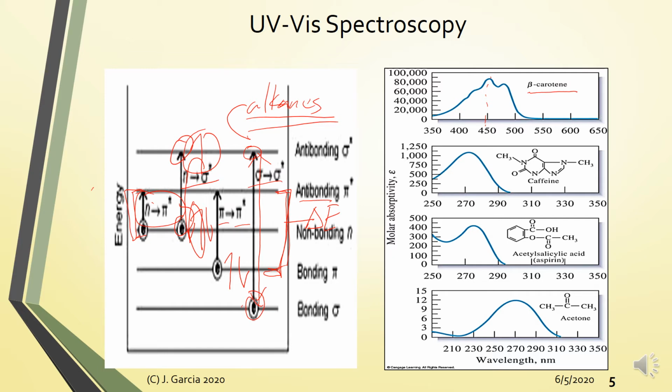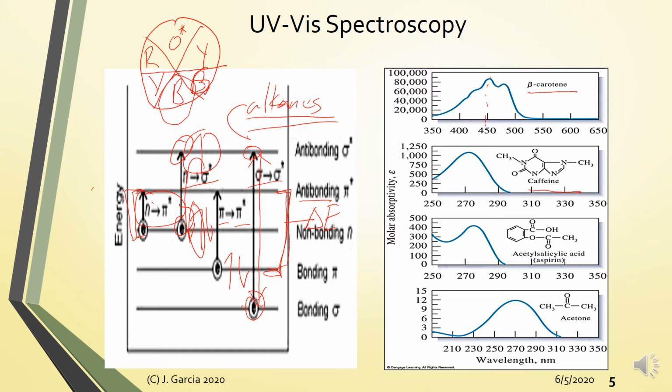If you remember your color wheel, this is the way I usually construct the shortcut color wheel: red, orange, yellow, green, blue, violet. So beta carotene is orange, and as you can see, the lambda max falls under the blue color. So, complementary colors.